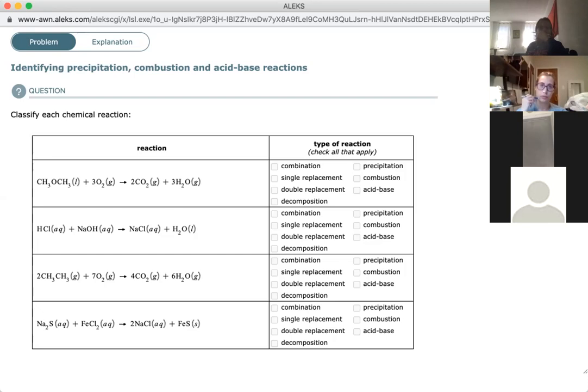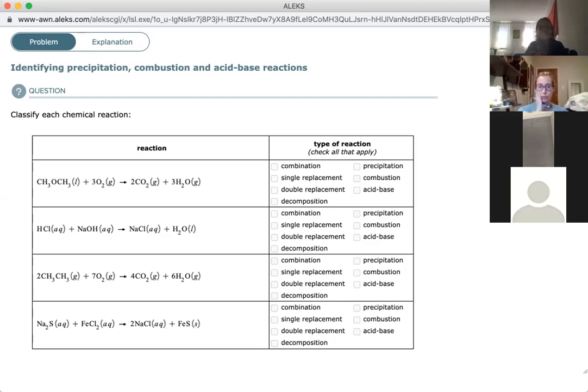So if you look at the first one, the reactant is CH3, so that's got hydrogen, it's got carbon. That's a hydrocarbon, an organic compound. It's reacting with O2 to give you CO2 and water. That's combustion right there. The organic compound could be simple like CH4, or more complicated like CH3OCH3, but as long as it's reacting with O2 to give you water and carbon dioxide, that's a combustion reaction.